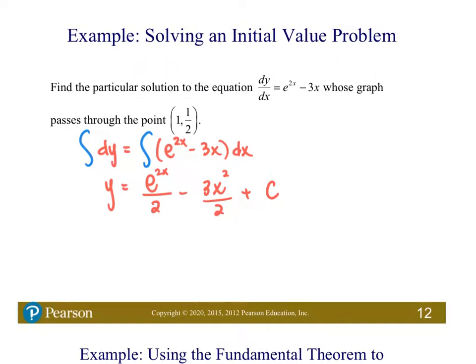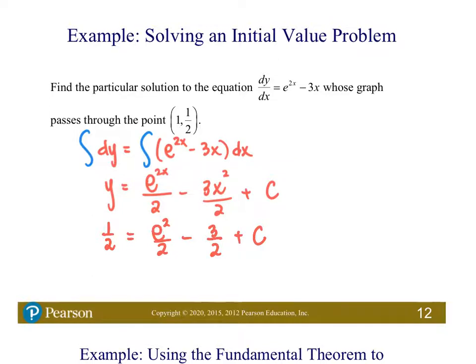So now we're going to substitute in the values of 1 for x and 1/2 for y. So 1/2 equals e squared over 2 minus 3 over 2 plus c, and then we solve for c.